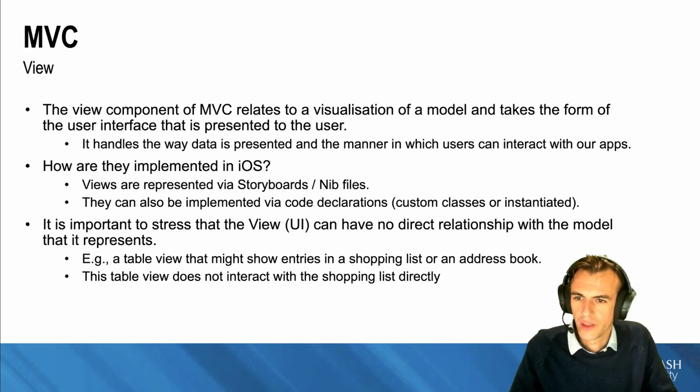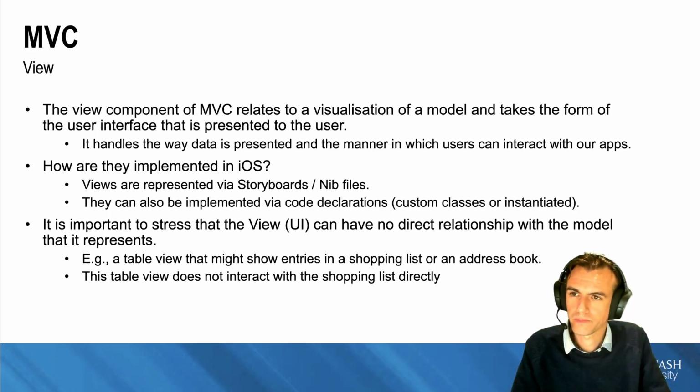And that class could be used for a shopping list app or an address book or anything else, and it doesn't need to be specific in any way. And the important thing here is the table view does not directly interact with the shopping list or the address book. It just says the user tapped on row 4, and it's up to the controller to say, oh, row 4 represents this item. I'm going to change something in my data model.